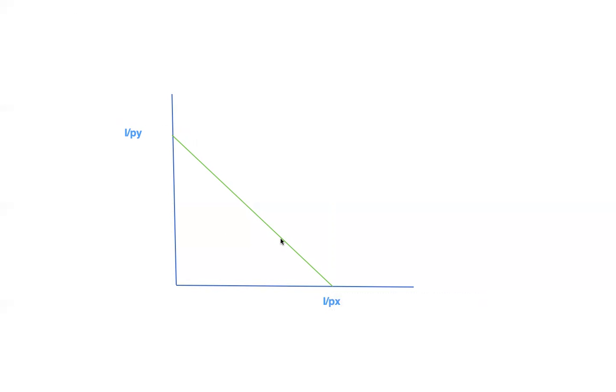So defining the vertical and the horizontal intercepts, right, Sonica? Yeah. Are you with me? So if I just change I holding price of X and price of Y constant, it's just going to cause a parallel shift either inward if my income goes down, or outward if my income goes up, right?